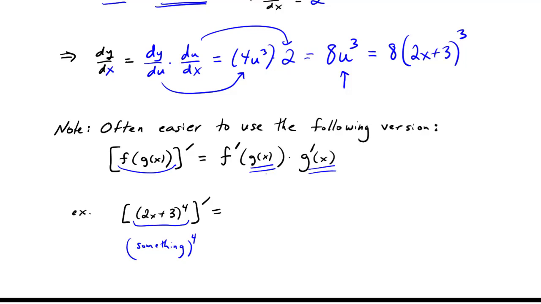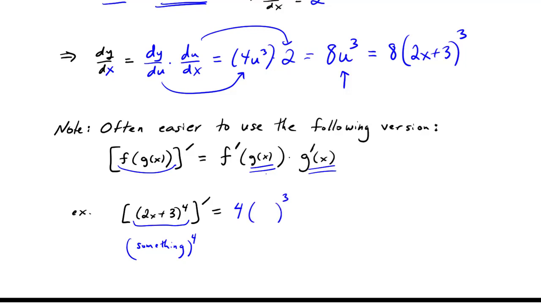So that something is really the g of x that's inside. So I have something to the fourth.